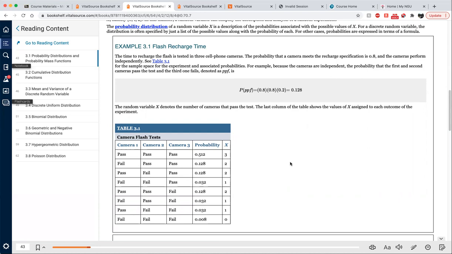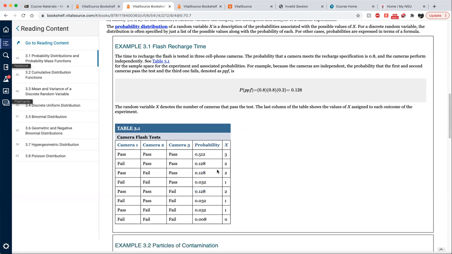For this one, 0.128 is the probability that the random variable X equals 2. You see for each outcome with X equal to 2, the probability is the same, 0.128, 0.128, and 0.128. What about the probability that X equals 1?